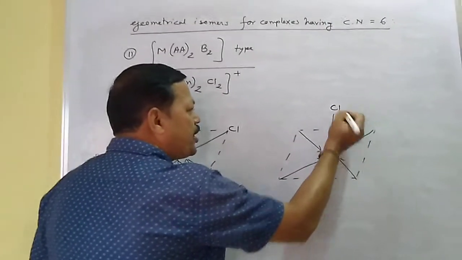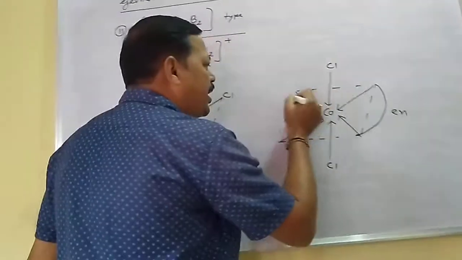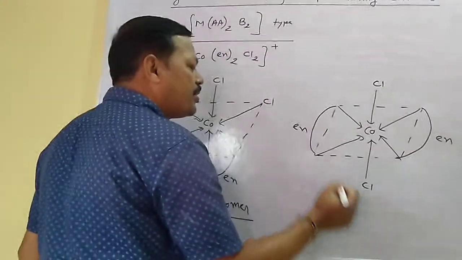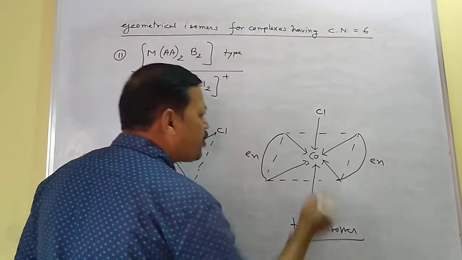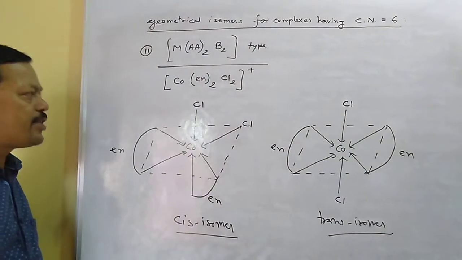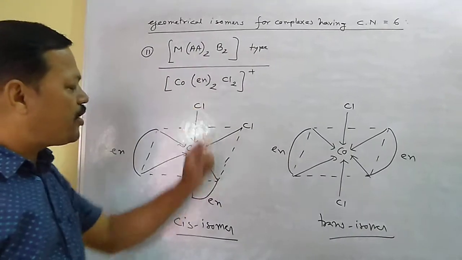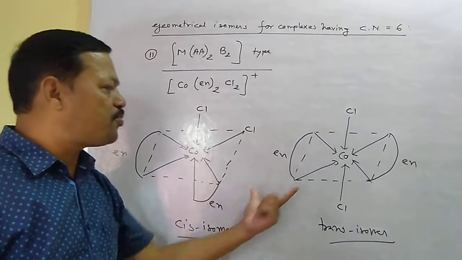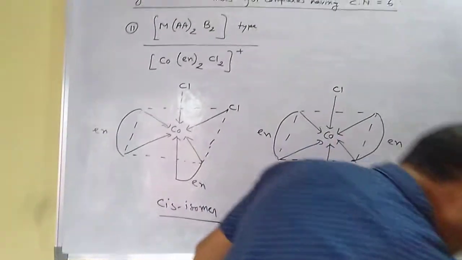Now, if one chlorine is present here, another chlorine here, one ethylene diamine here, another ethylene diamine here, then it is called trans isomer. Why? Because similar ligands are on the opposite side. So this type of complex also can show geometrical isomers, and you can draw the cis-trans isomer this way.